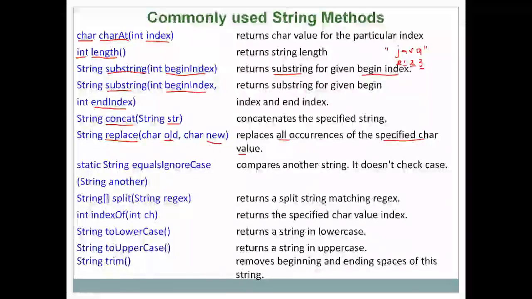That means we have to send the character which we want to change, and in the second argument we have to send a new character with which we want to change the old character. So that is replace, and after replacing the old character with the new character, it returns a complete new string. So the return type here is string.